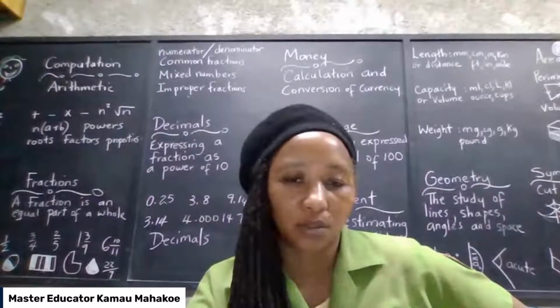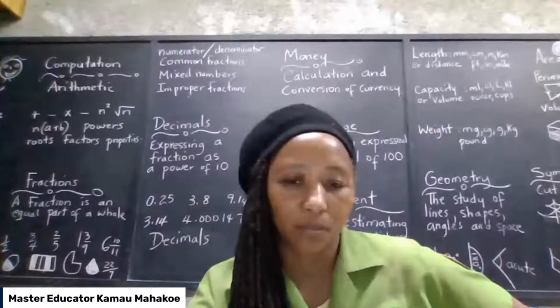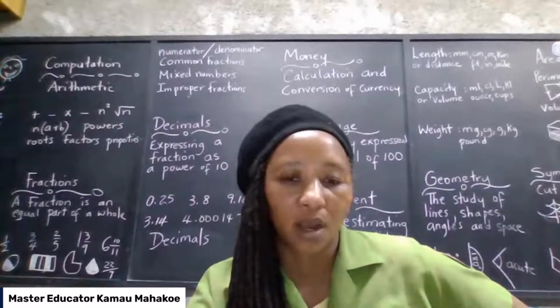All right, so 1,210 plus 121. And this will give 1,331.